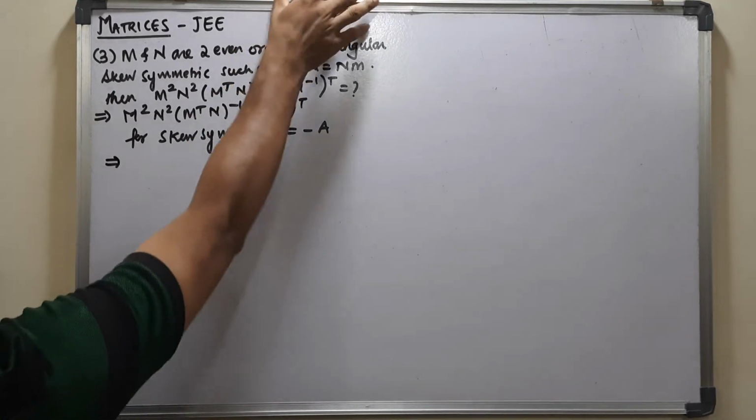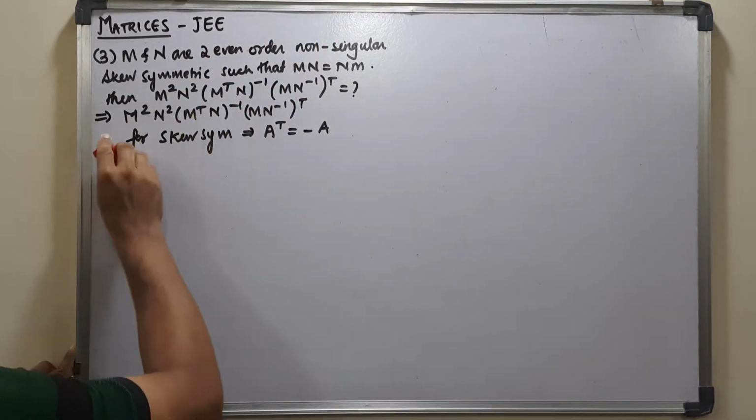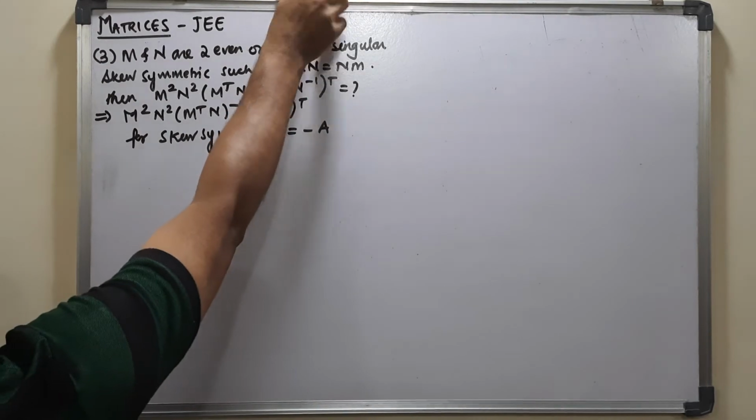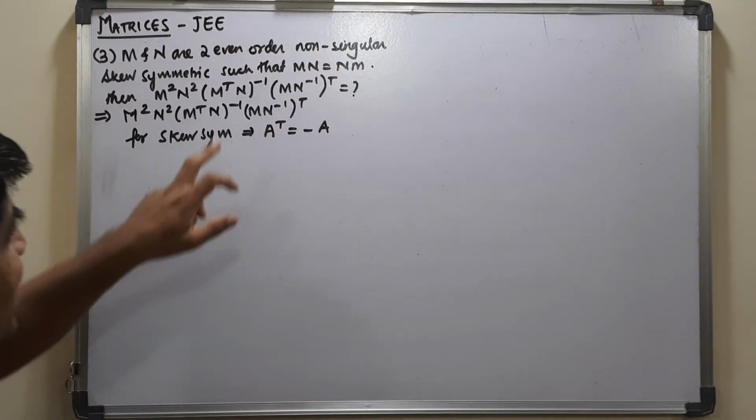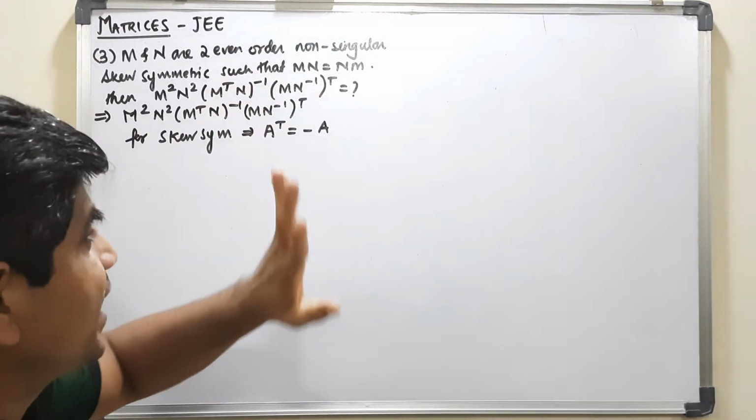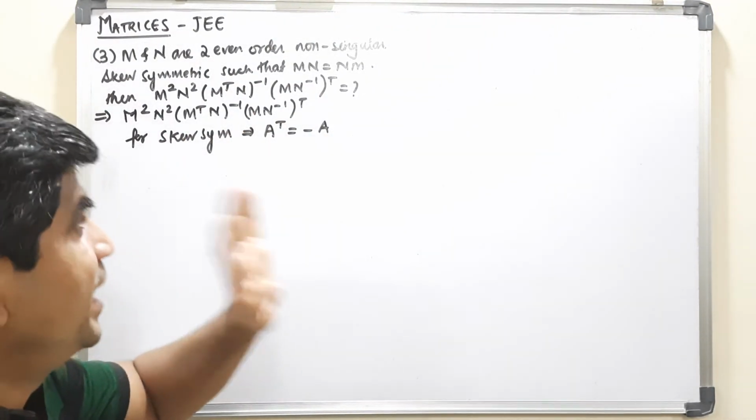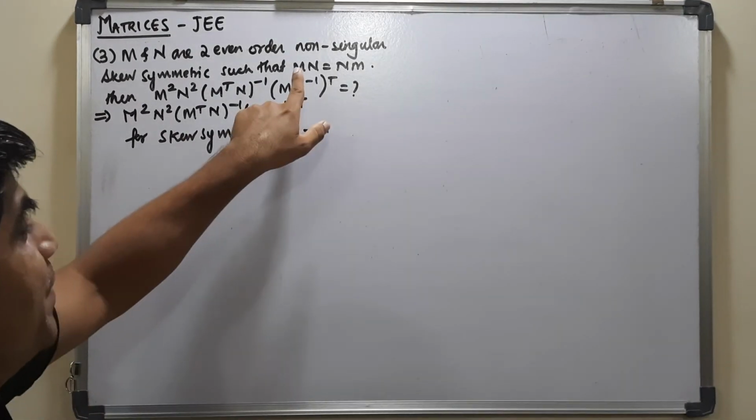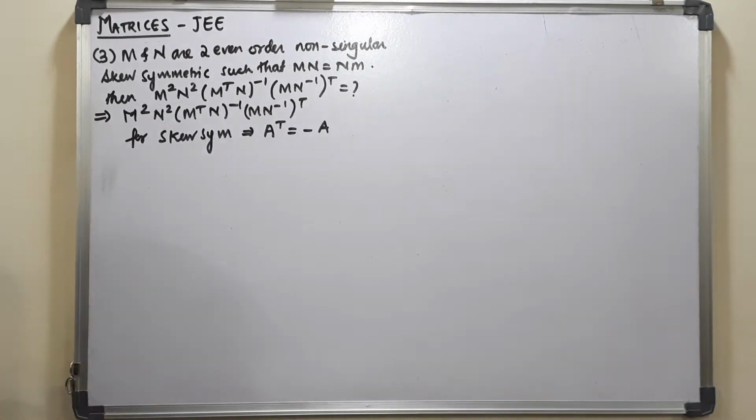I have two very important things: I can get rid of transpose anytime by replacing the matrix with its negative, and MN is equal to NM.